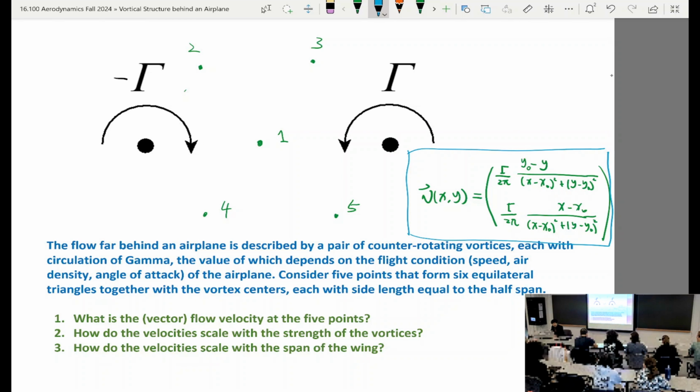As we also discussed on Monday, you can think about this velocity field as a vector that's perpendicular to the radial direction and has a magnitude. What is the magnitude of this velocity field?